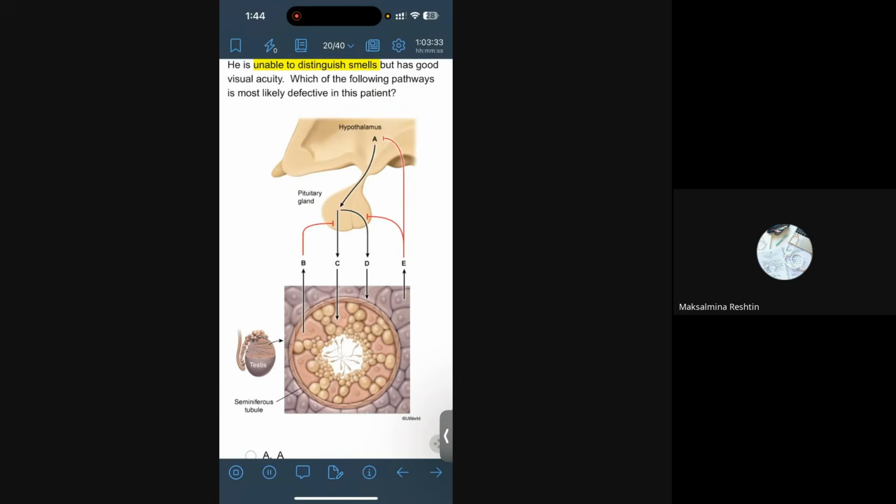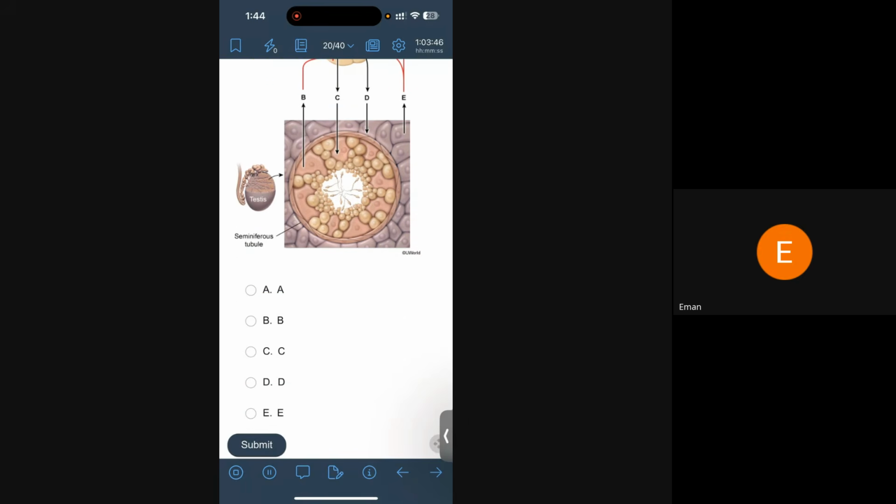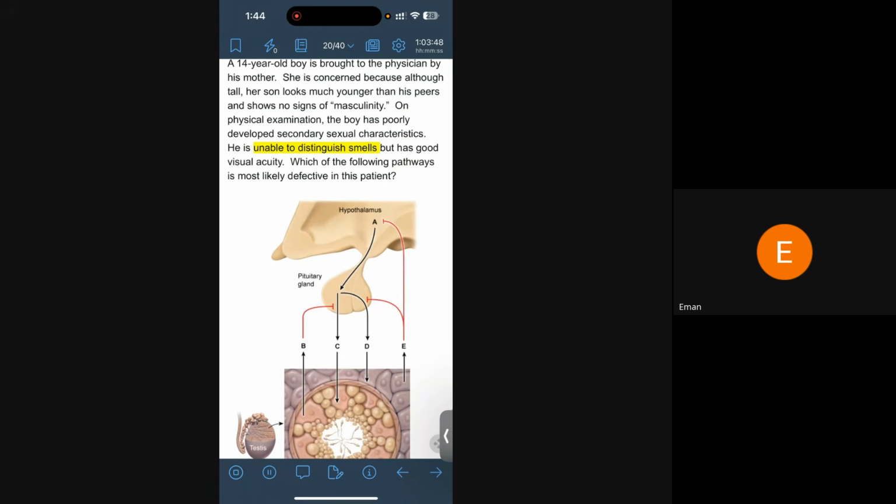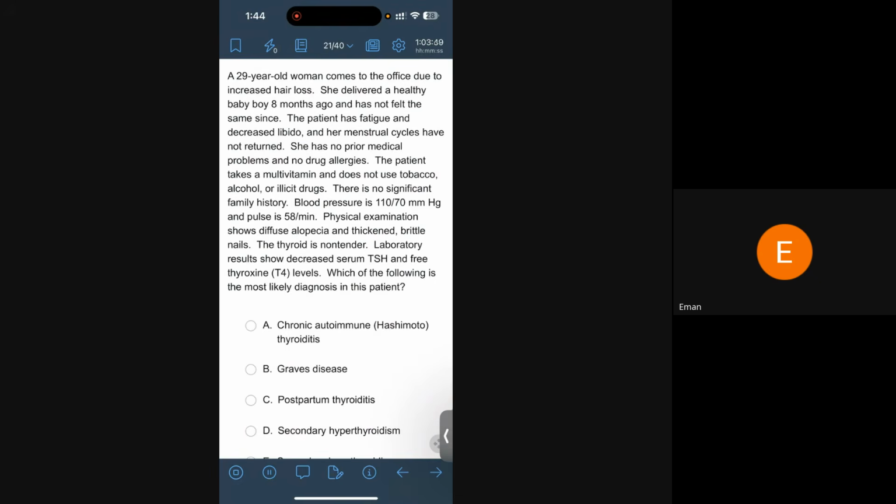What point in this diagram is affected? Hypothalamus. A is affected. Very good. In the hypothalamus, GnRH secretion is affected.